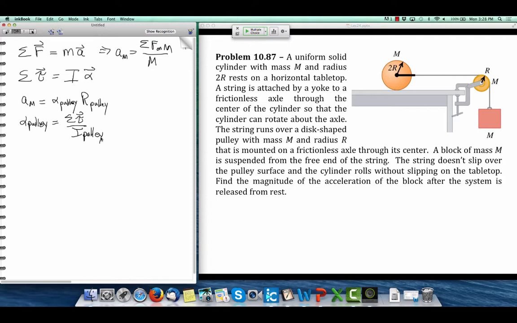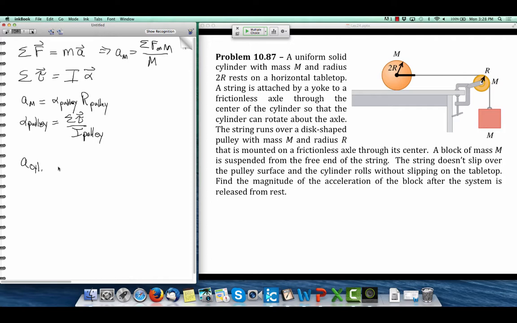This is the same equation. Unfortunately the cylinder has the same mass, capital M, which I wish it didn't, or else I could just call it capital M. But I've already named the block M.